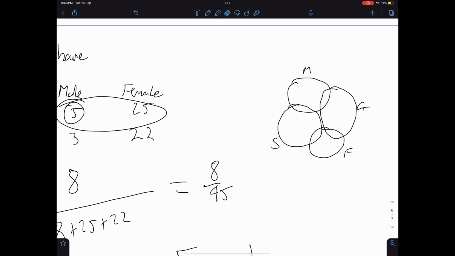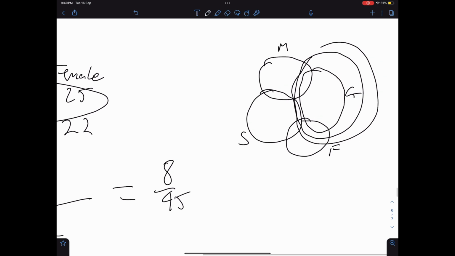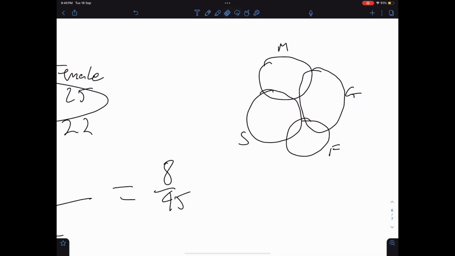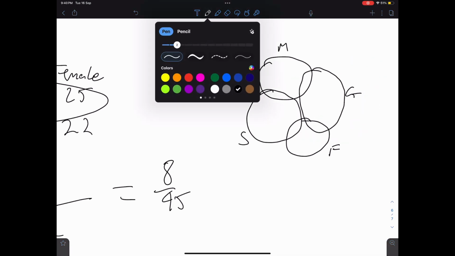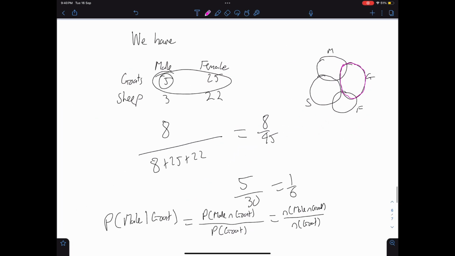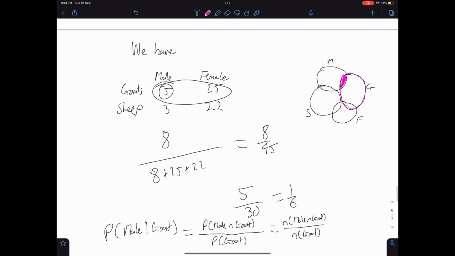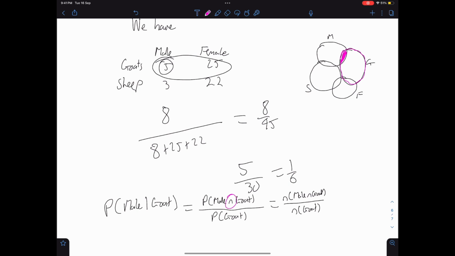And basically we're saying, okay, it's a goat. We know it's a goat. So we have already narrowed our thing down into this range. And now from there we're saying, okay, male and goat. So we're targeting this intersection here, which is why we have this intersection symbol.